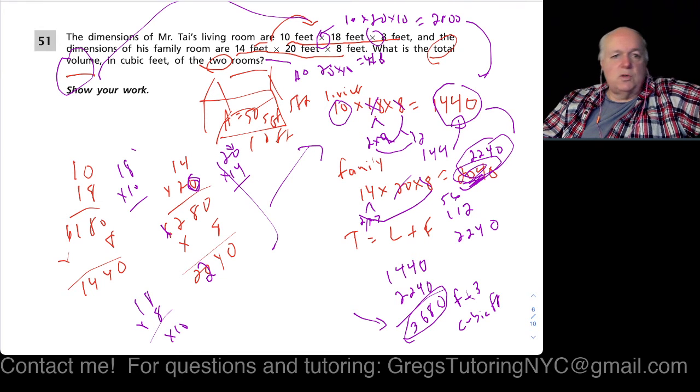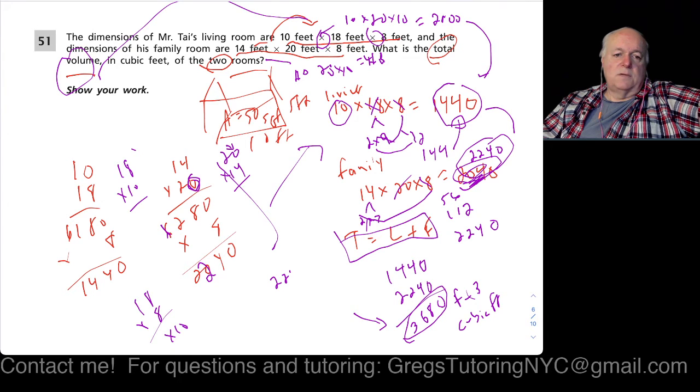You don't want to be zooming through these questions all the time. Sometimes you guys are in predicaments where you're being asked to answer something fairly quickly, but so be it. And just the last thing, this was T equals L plus F. We were not going to do 2240 minus 1440.